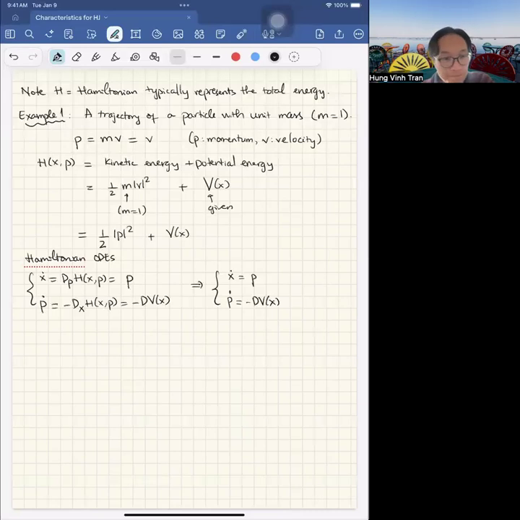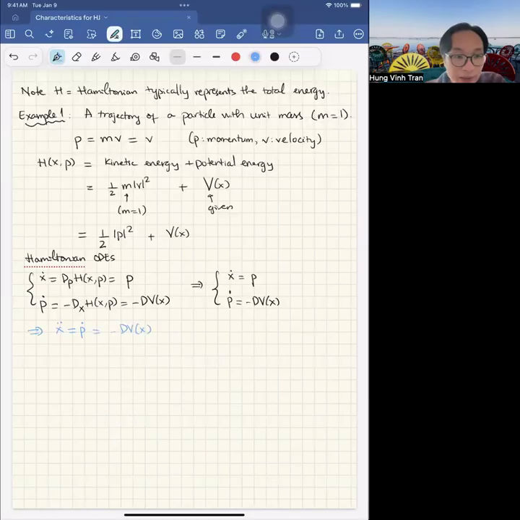And from here, this would give us x double dot equals p dot, right? Equals minus dV of x.